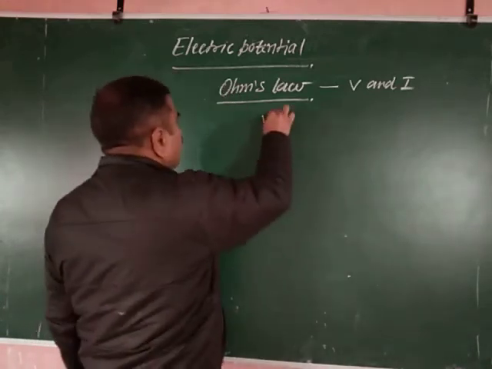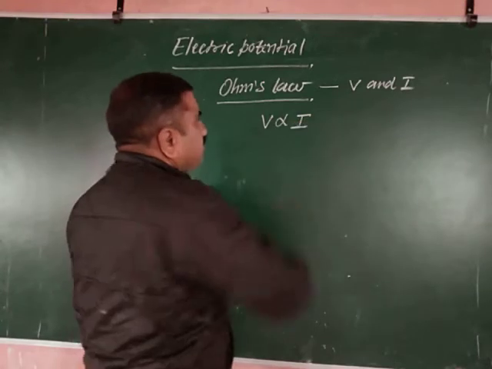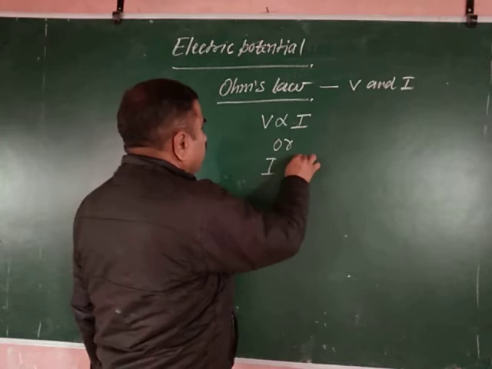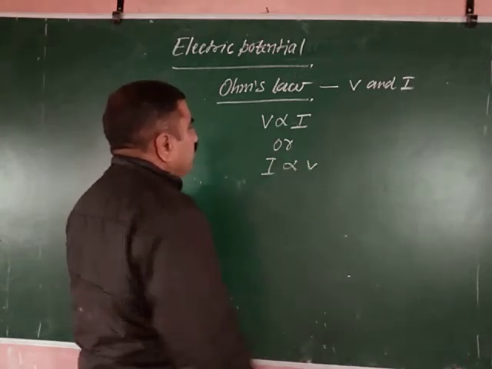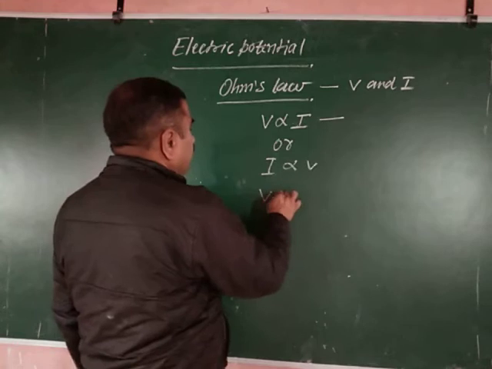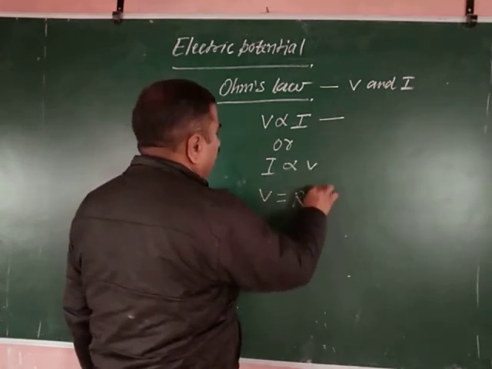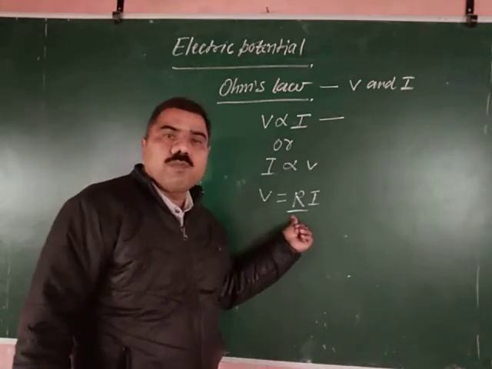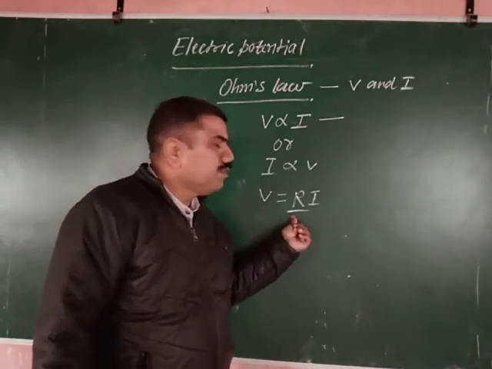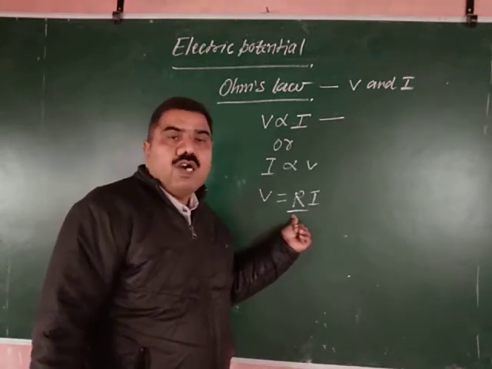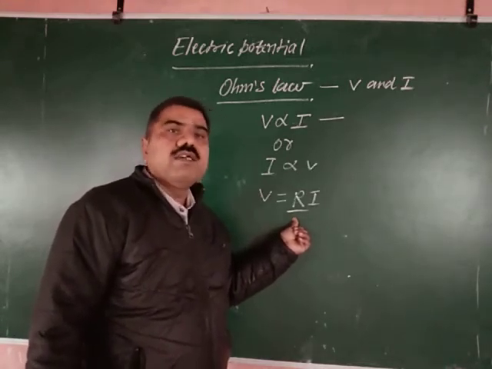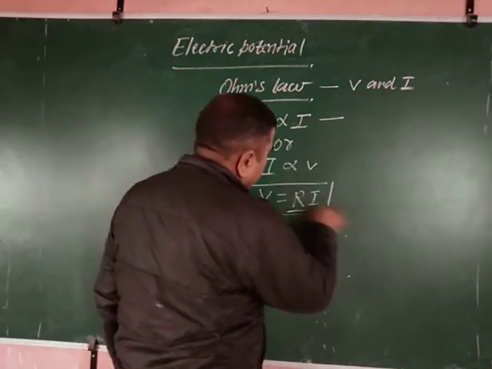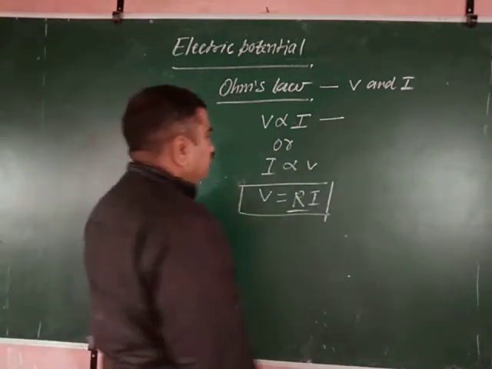That is V proportional to I. Or we can also say that I proportional to V. From the first relation we have V equal to RI. Now R is the constant of proportionality and it is called electrical resistance or simply resistance of the conductor. This expression is called Ohm's law.